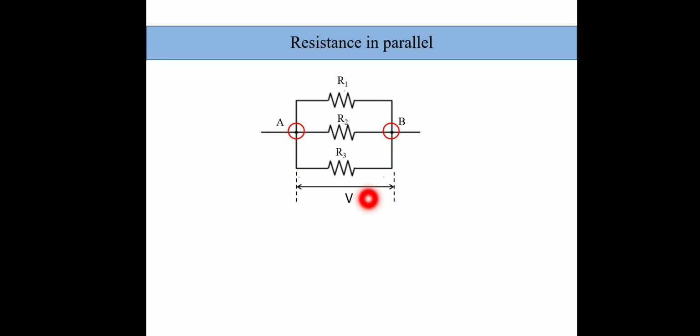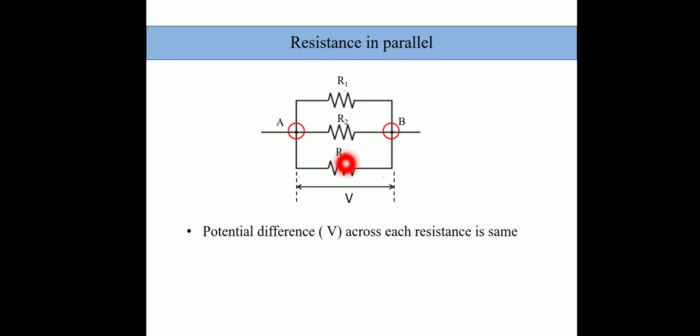Left hand side should be equal to right hand side, LHS equal to RHS. So as you can see, the potential difference across each resistor is the same. Therefore, every resistance has the same potential difference, because every resistance is connected between the same points.